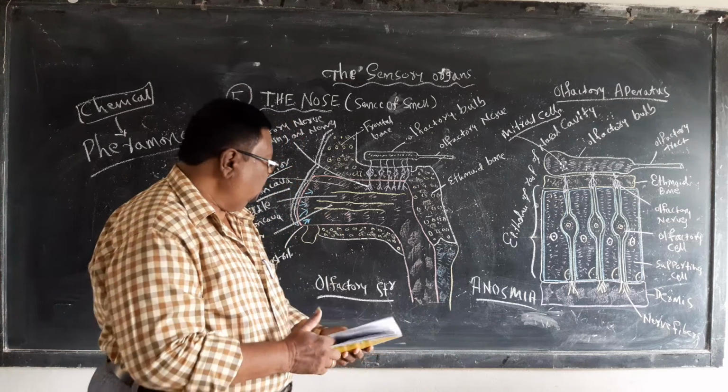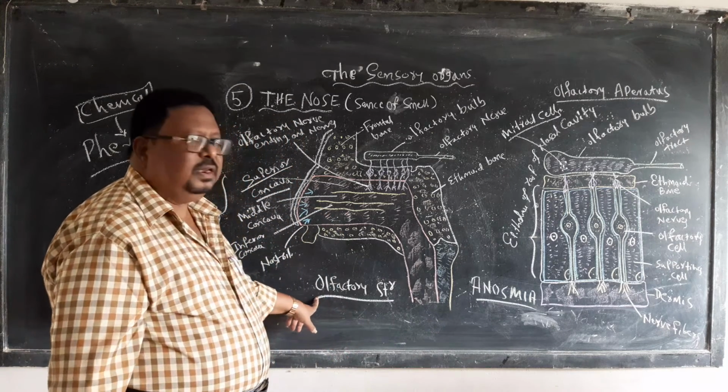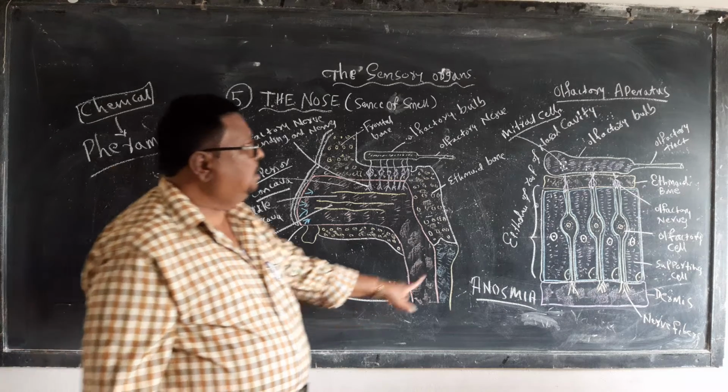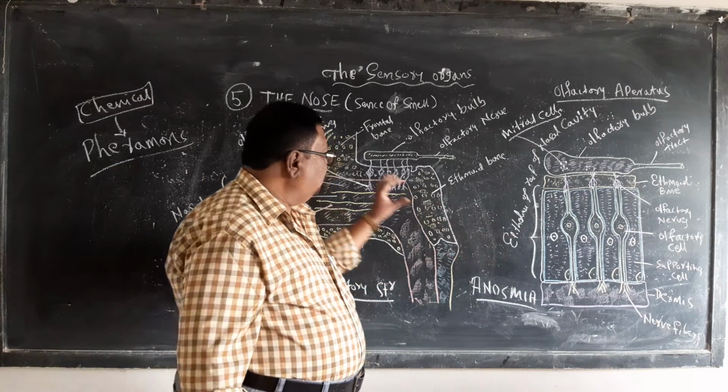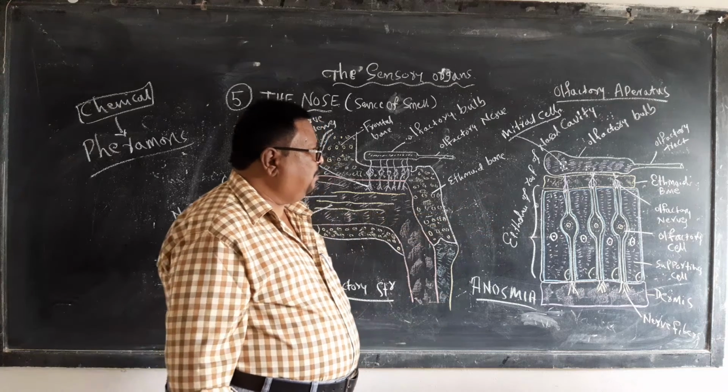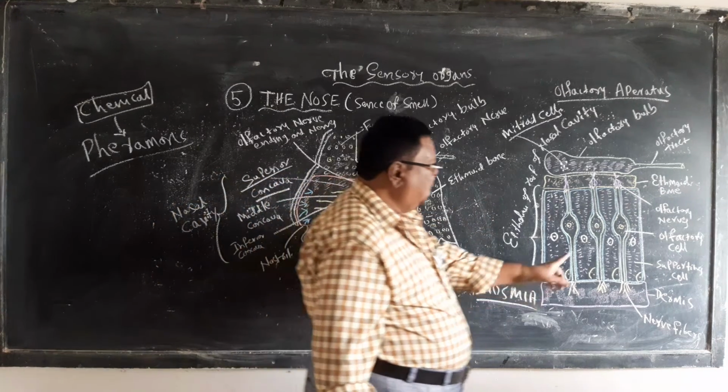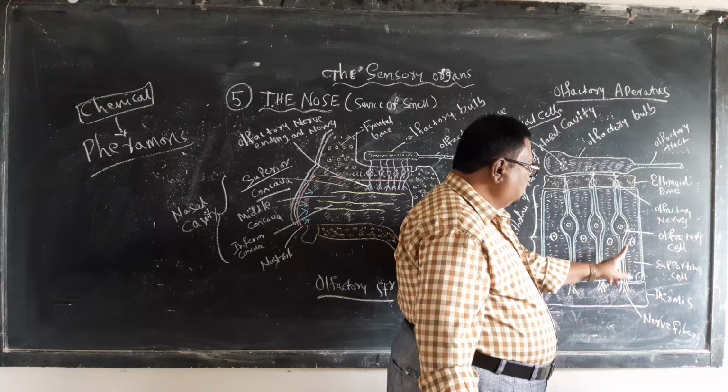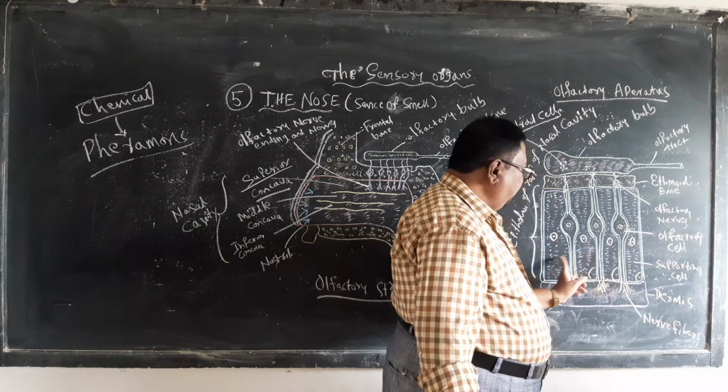The olfactory structure figure is here, and the olfactory apparatus is enlarged. The olfactory apparatus contains the olfactory cells, which are supported by the supporting cells in between.